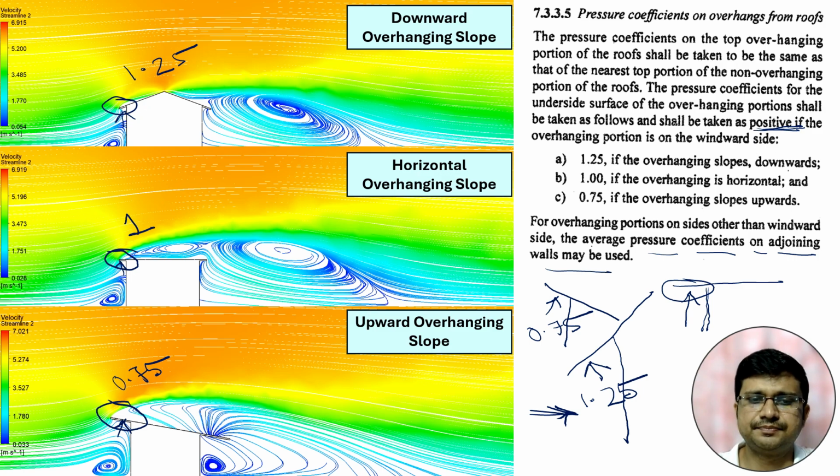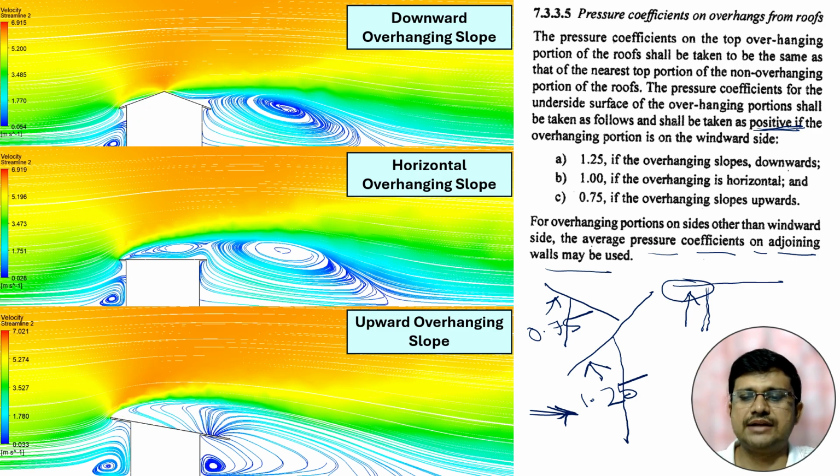Now why is this happening? To understand that, we have to look at the wind flow pattern. If we look at this flow pattern, we will be able to understand.